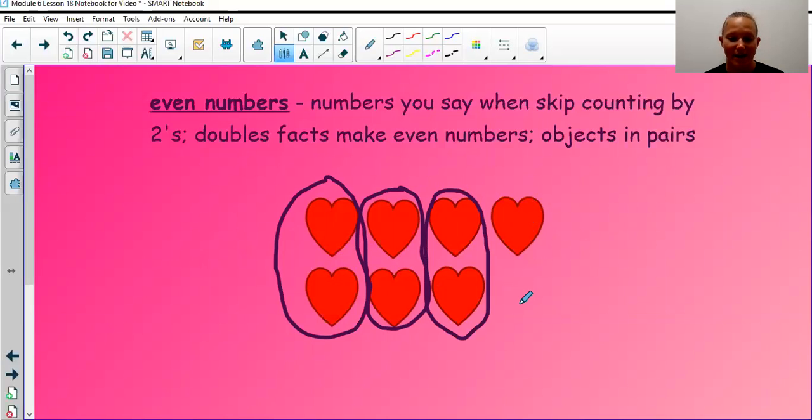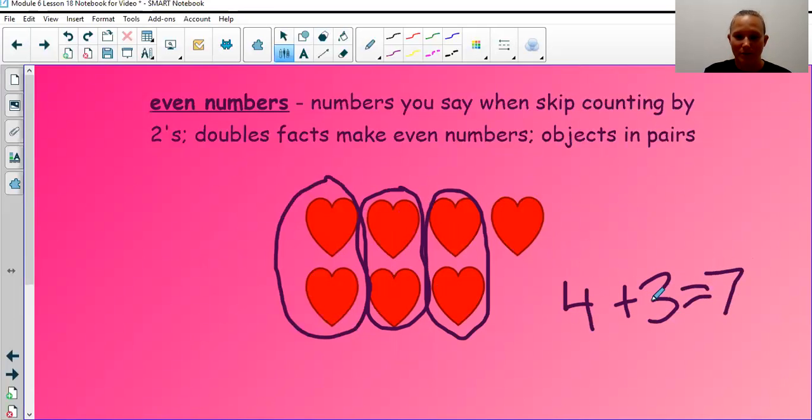So now I know that 7 is not an even number because I have 1 heart left over without a partner to make a pair. I also know 7 is not an even number because the equation to match this array would have been 4 plus 3, 4 hearts here, 3 hearts here, equals 7 total. 4 plus 3 is not a doubles fact, so I know that 7 is not an even number.